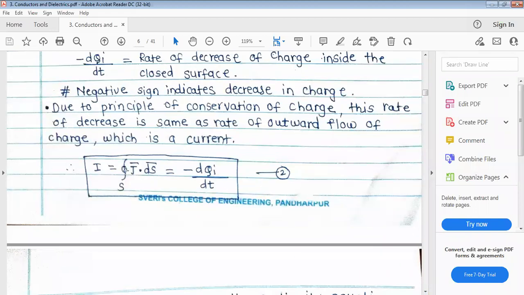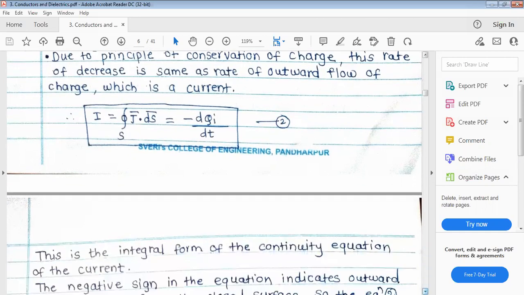So if the current is going in the outward direction or in the inward direction, what will be the value of that current? When it is in the outward direction, the rate is negative. This shows the decrease in the charges or the current in the volume we are considering.